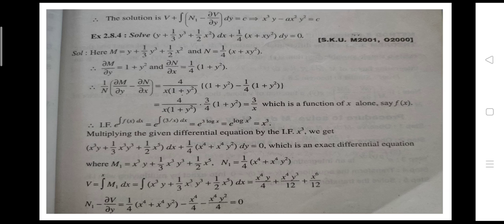So comparing this equation with M1 dx plus N1 dy, M1 is equal to x³y plus 1/3 x³y³ plus 1/2 x⁵, and N1 is equal to 1/4 (x⁴ plus x⁴y²).